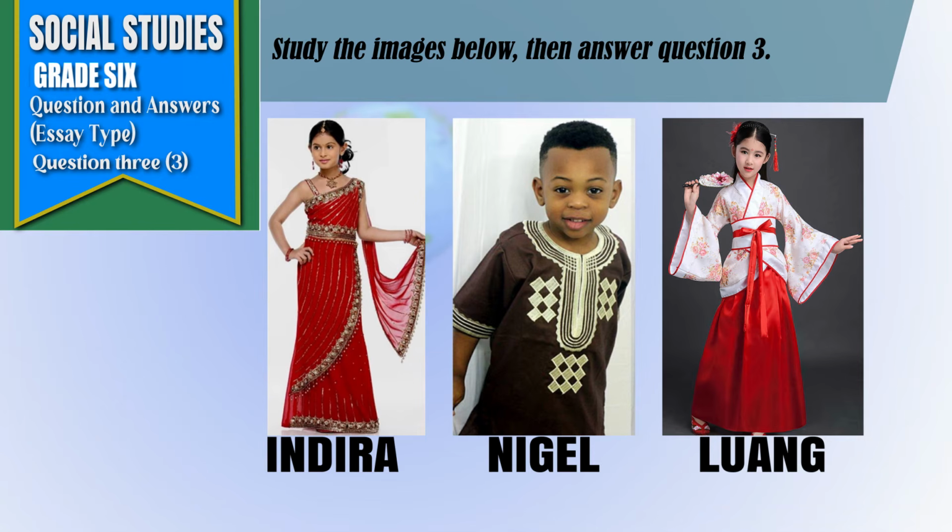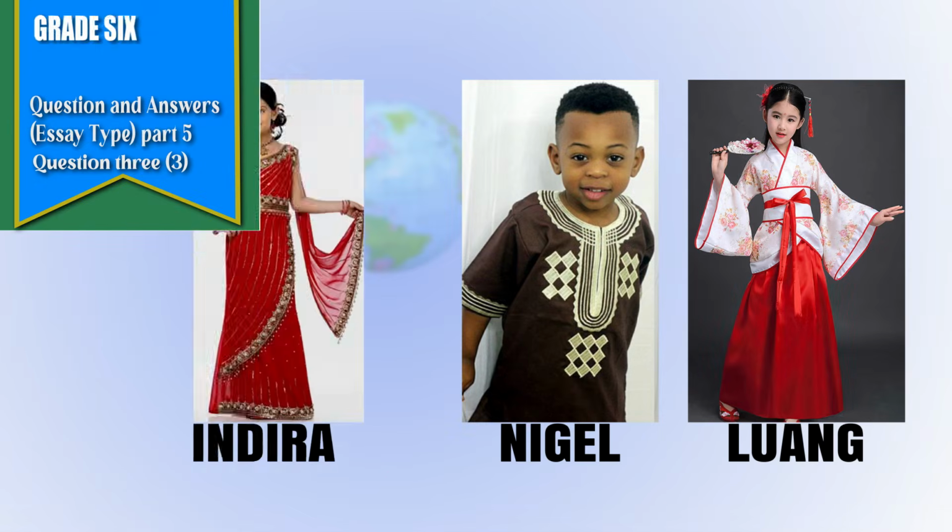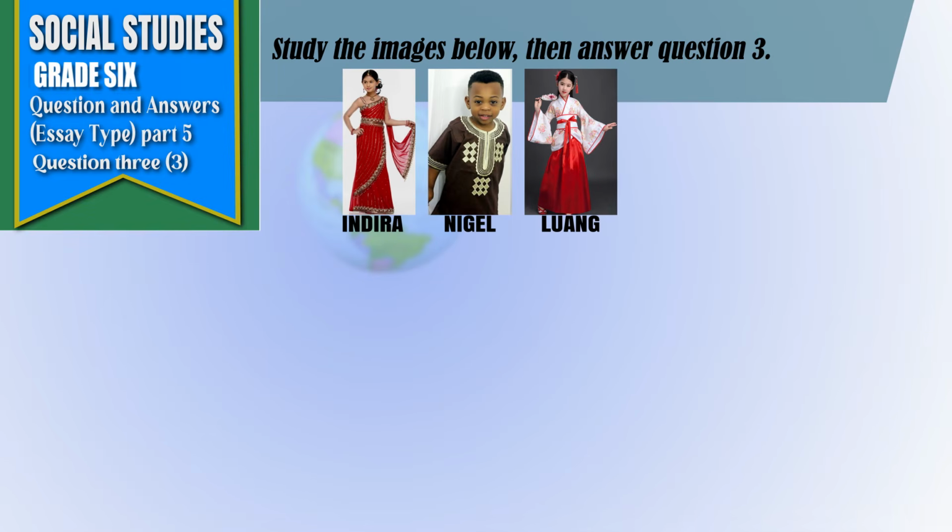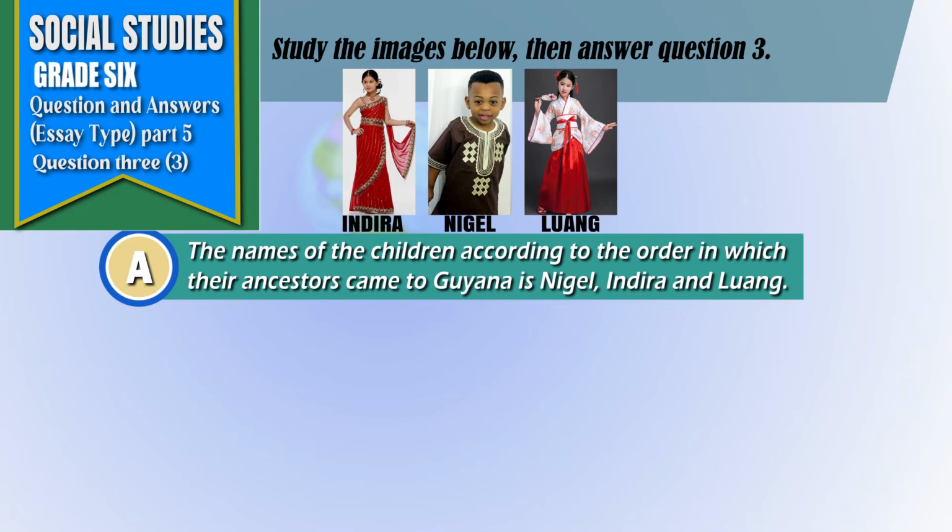So let us see how these names would have been arranged based on the order in which their ancestors came. The names of the children according to the order in which their ancestors came to Guyana is Nigel, Indira, and Luang.